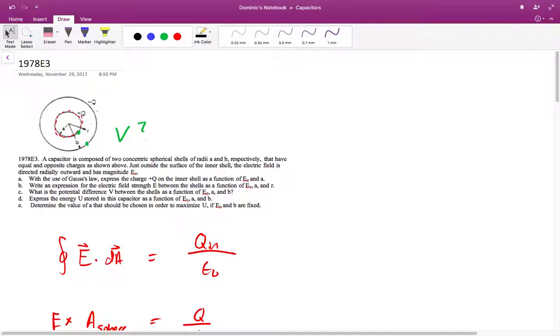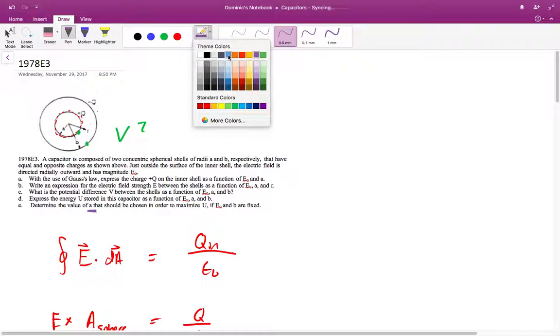The way you're going to do this, anytime I see maximum, if they tell me to find the maximum of something, I'm thinking derivative and then setting equal to 0 and solving for some variable. Since we're trying to find where the maximum will be in terms of the radius A, this is the technique we're going to use.